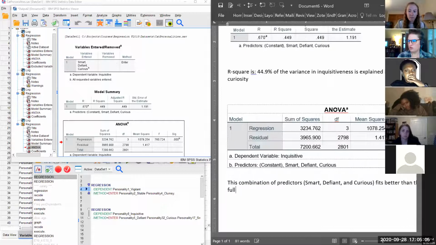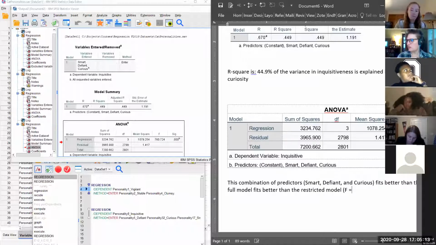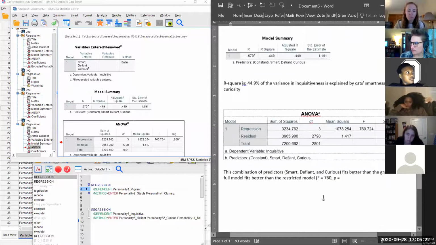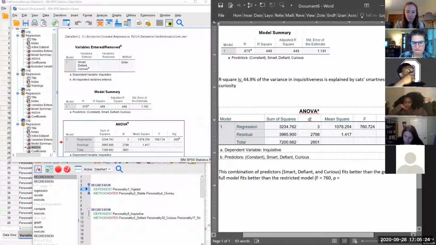The full model fits better than the restricted model. F equals 760. So how do I know whether this model is fitting significantly better? I know because of this F test and the significance test.